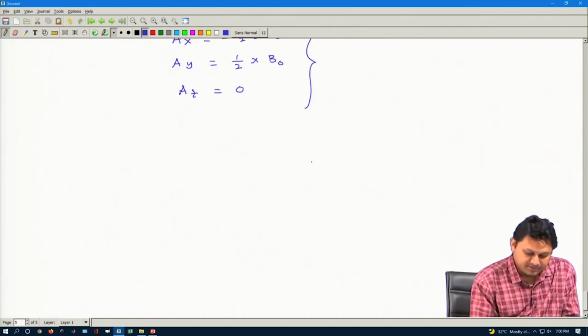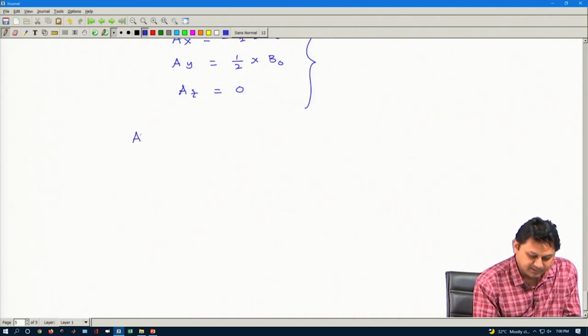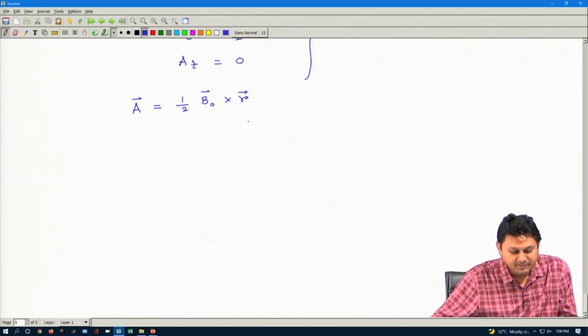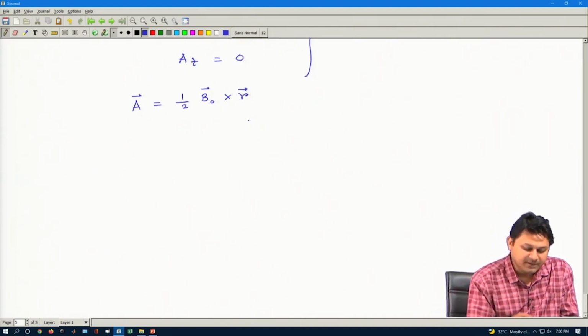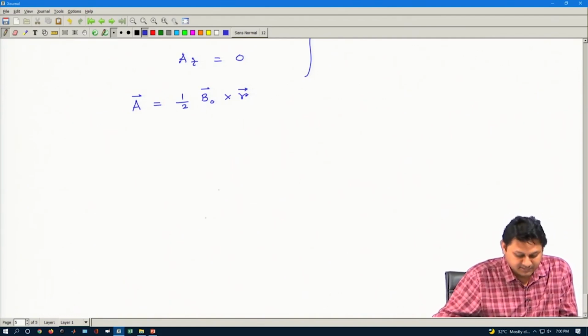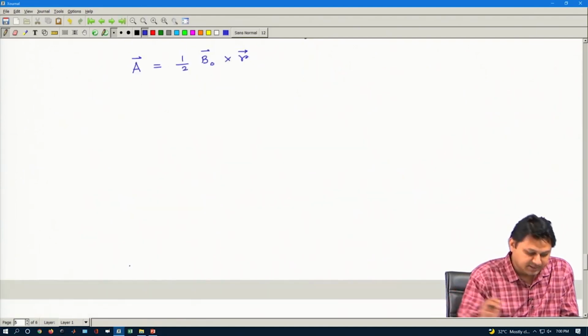In this case, A can simply be written as half B0 cross r. Now if I take the curl of both sides, you will see that it gives the constant value B0 as the magnetic field.